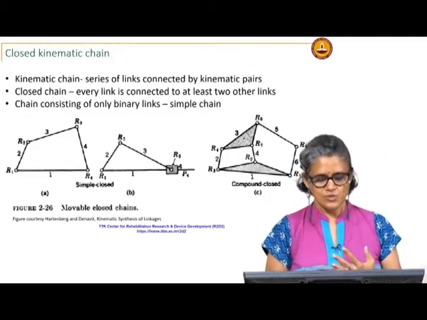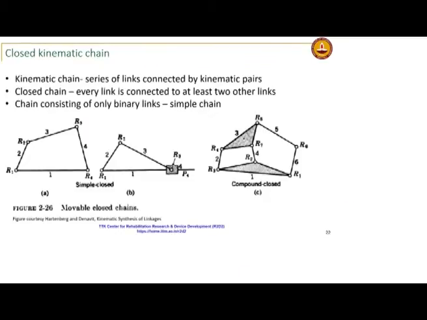For a lot of analysis, if you consider a chain that contains only binary links, we call it a simple chain. So, for a slider crank, this is your typical 4 bar kinematic chain, and a closed kinematic chain becomes a mechanism when you fix one of the links in the kinematic chain.